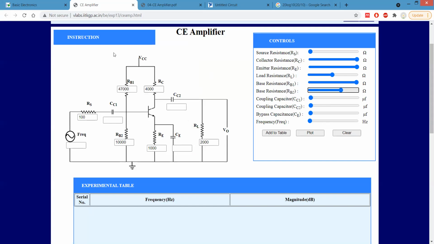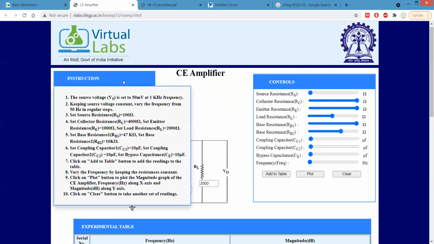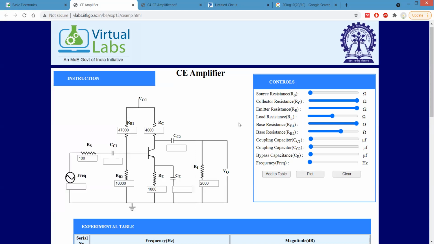Now we have to give the value of all these capacitors. The collector capacitor should be 10 microfarad, and capacitor CC2 should be 10 microfarad. Every capacitor is 10 microfarad.